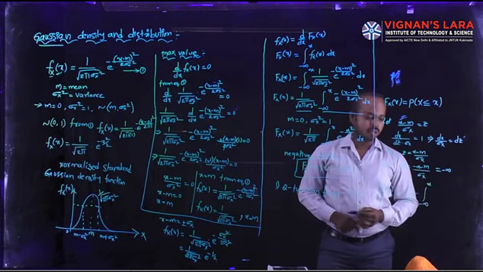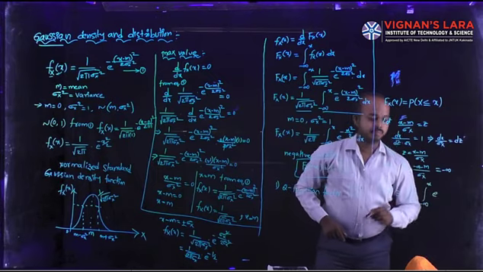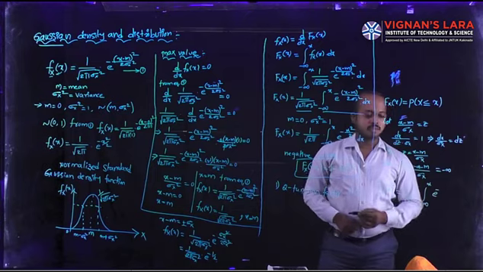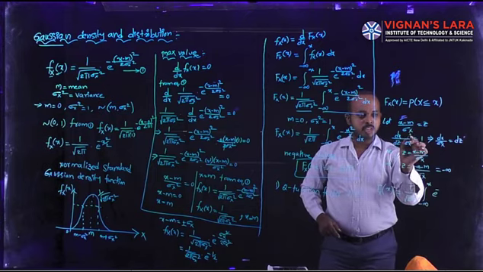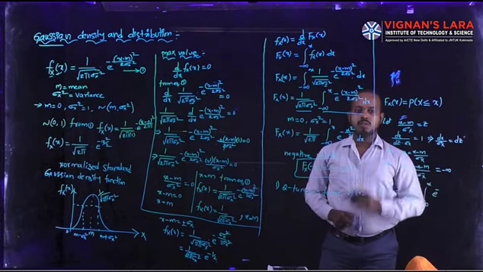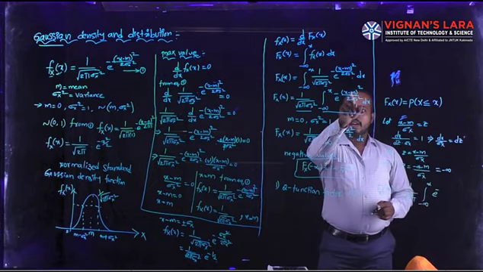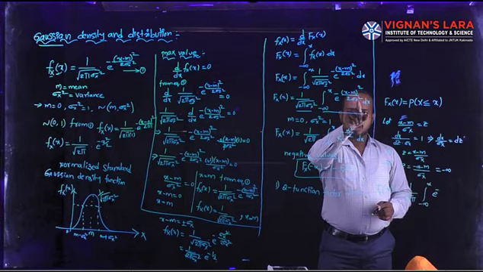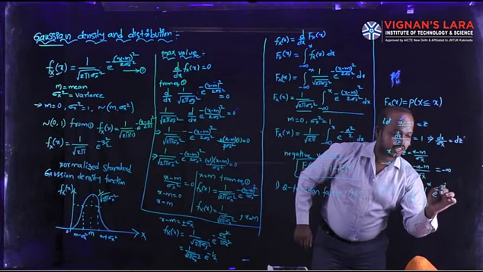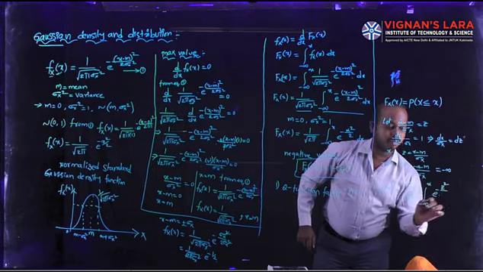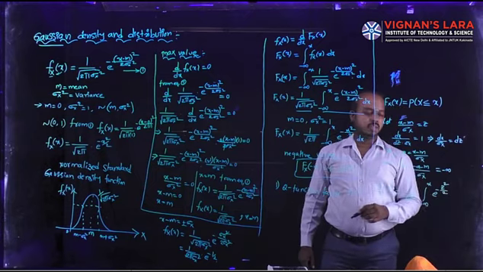minus infinite to small x, e power minus, what is our consideration, x minus m by sigma x, just keep the value z. Here x minus m divided by sigma x whole square, that's why I am writing the total term replacement as z square divided by 2.